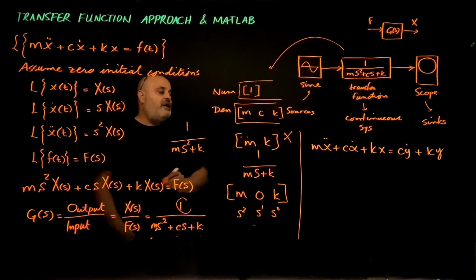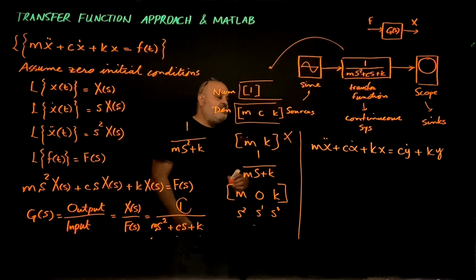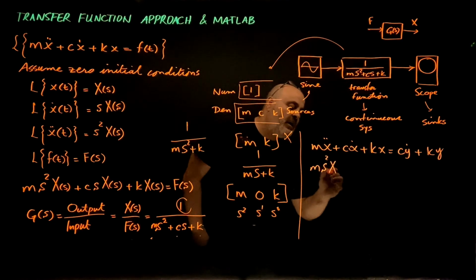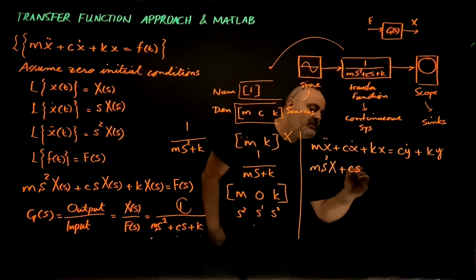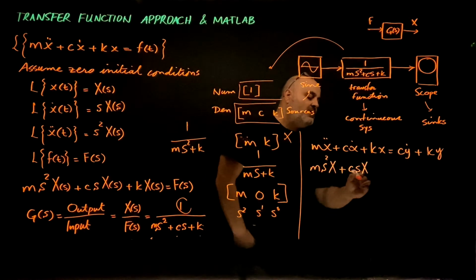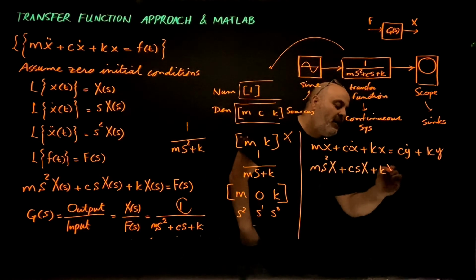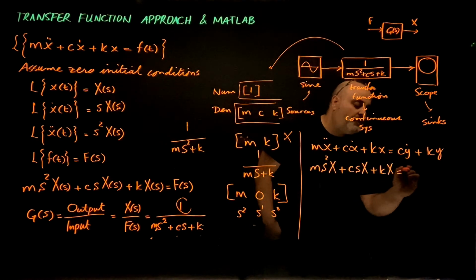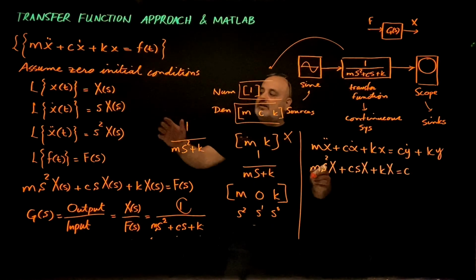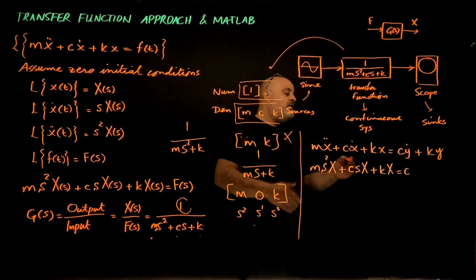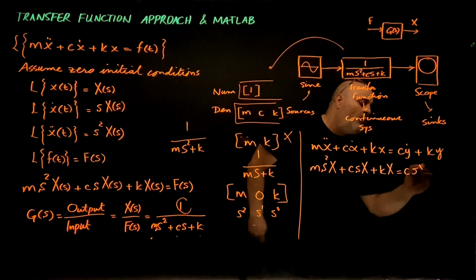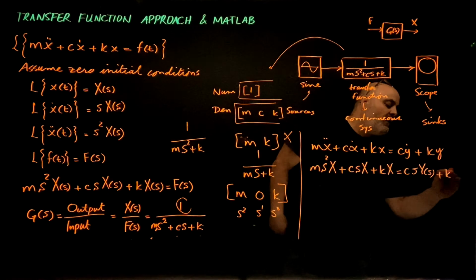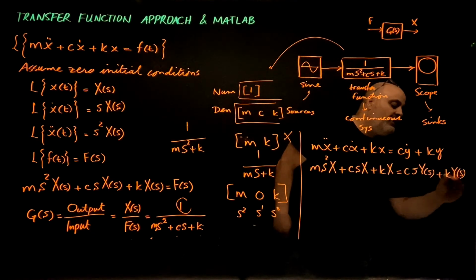Now if I take the Laplace of both sides, I'll get m s squared x plus c s x plus k x equals c times the Laplace of y dot, which, just like x dot, is s y of s, plus k y of s.